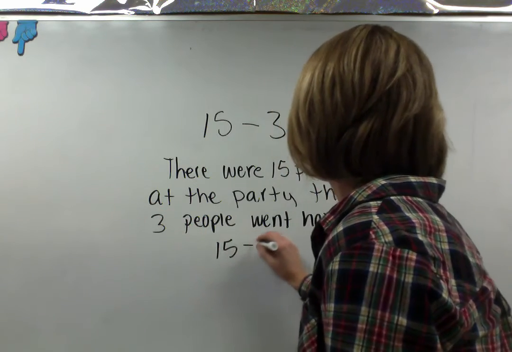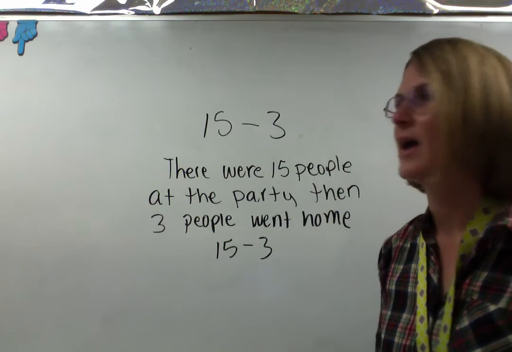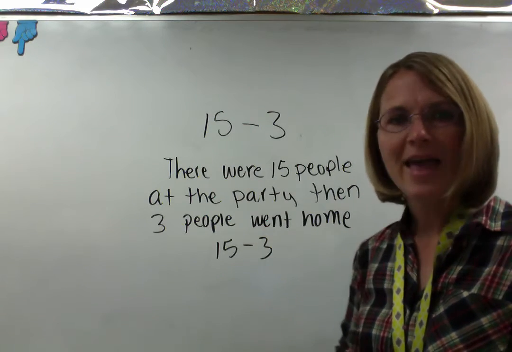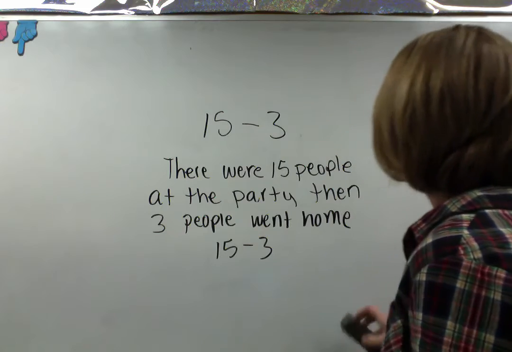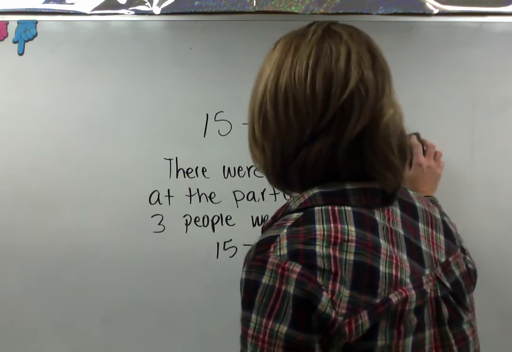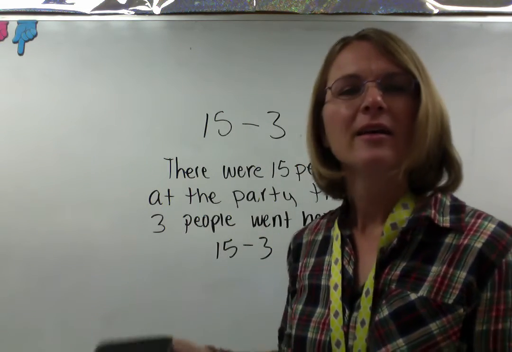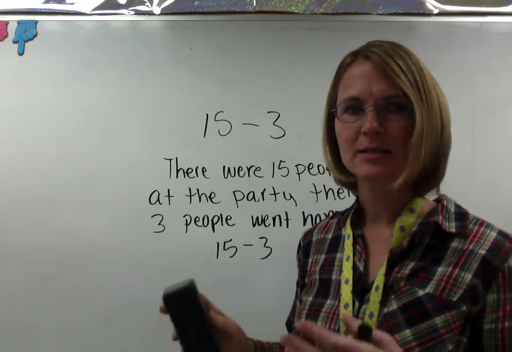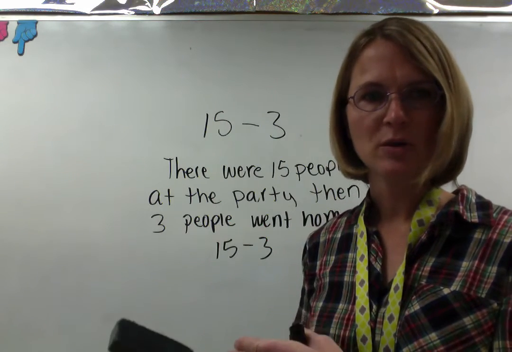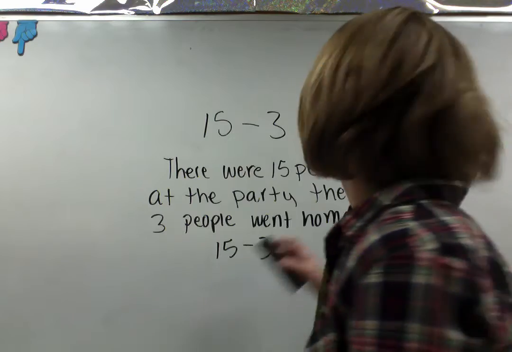Now we can do 15 minus 3, okay? So it's the language that we really have to pay attention to help us out with this. And again, the language when you're adding and multiplying isn't as difficult sometimes as the language when you're subtracting and dividing, because you have to get the correct order of your words.